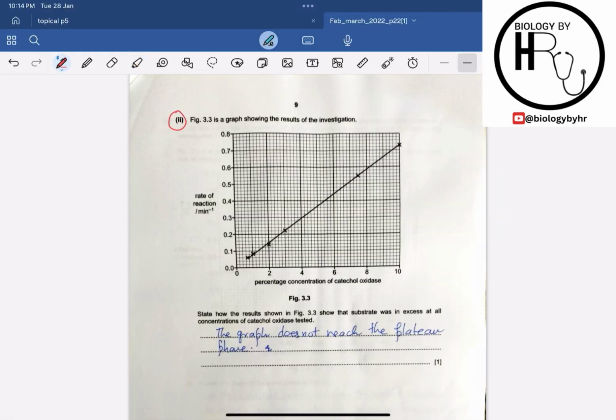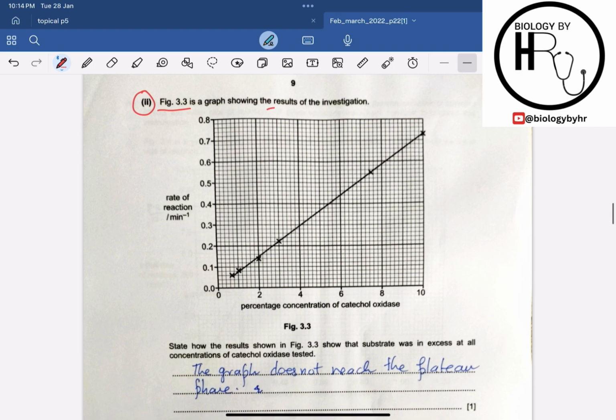Part 2 over here says that figure 3.3 is a graph showing the results of the investigation. It is a graph between the rate of reaction and the percentage concentration of the catechol oxidase, which is the enzyme in this question, right?